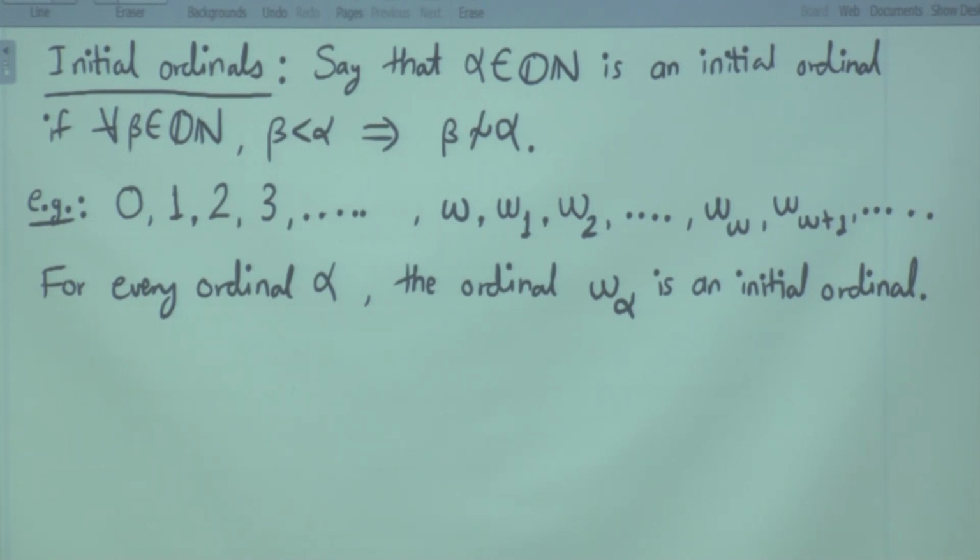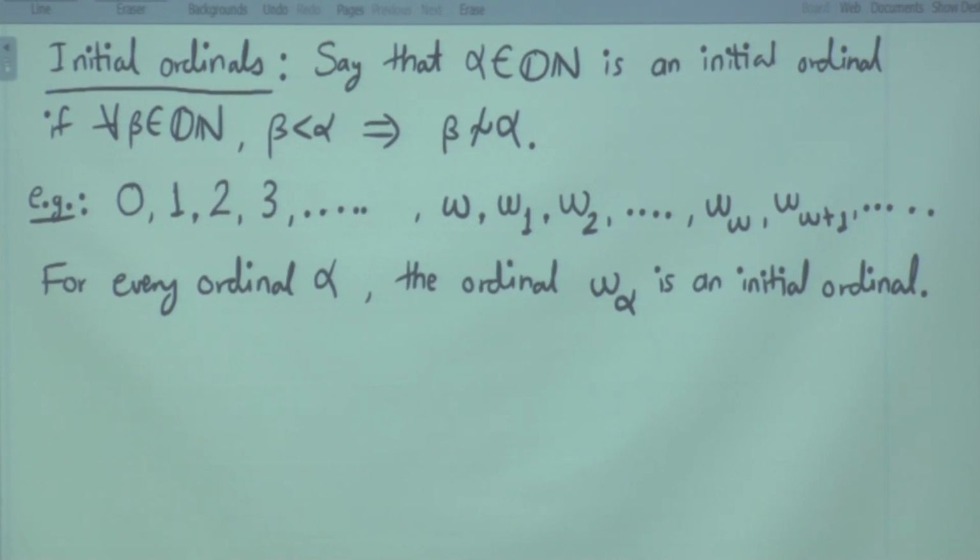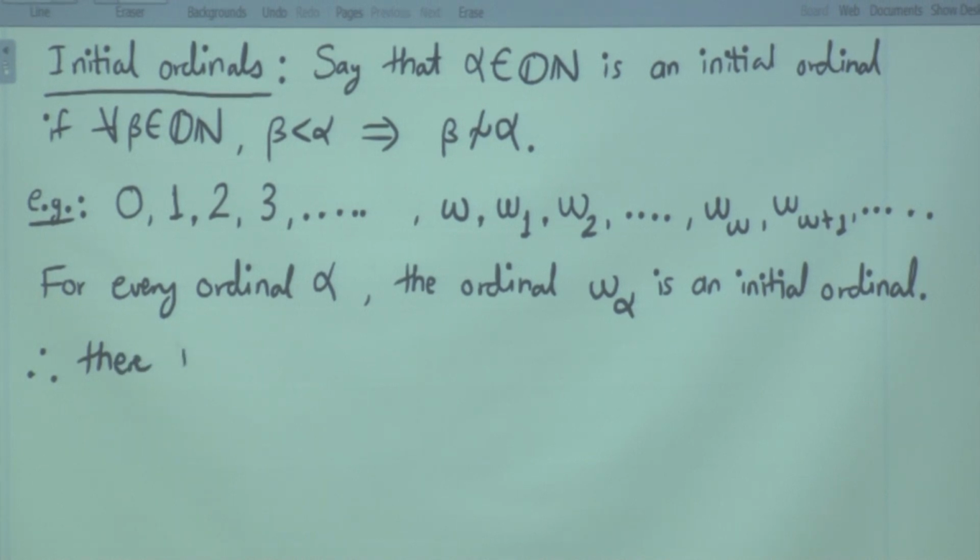So omega is actually omega sub 0, then omega 1, omega 2, etc. Basically, therefore, there is a proper class of initial ordinals.